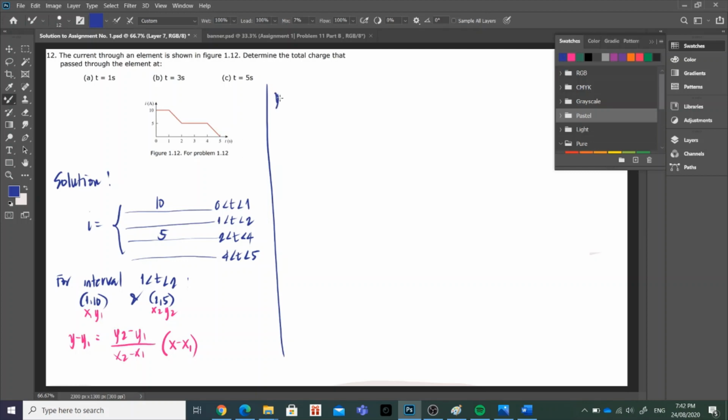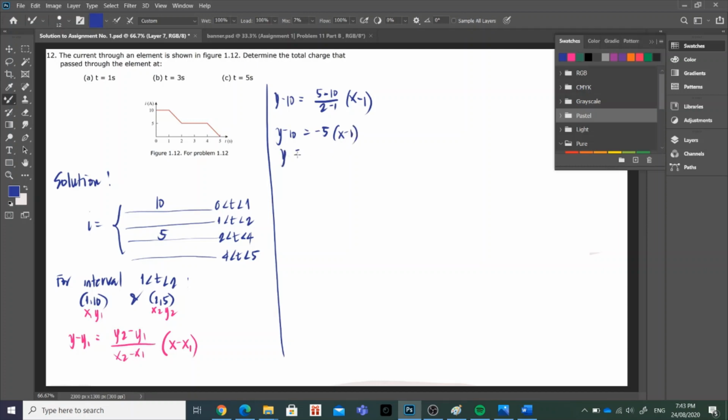Okay, so y minus y sub 1. Y sub 1 is 10 equals y sub 2 is 5 minus 10 over 2 minus 1, multiplied by x minus x sub 1 is 1. Ayan, and then we simplify. 5 minus 10 over 2 minus 1 is negative 5 over 1, or that is negative 5, multiplied by x minus 1.